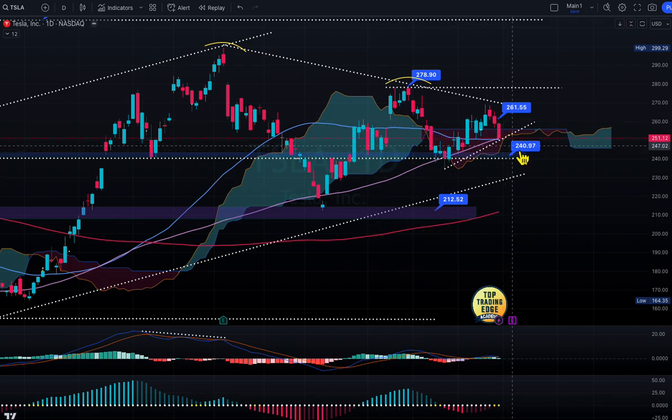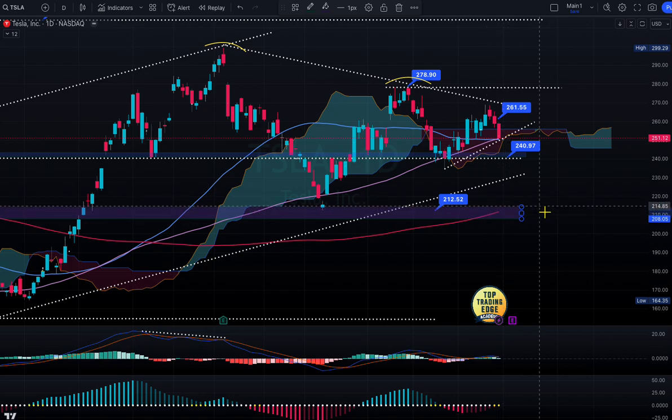So Tesla is showing me a weakness here. Be careful with the way the setup looks, right? That could be a weakness. But 240: if the 240 breaks, then we're going to go and test 212. And most likely, what I just gave you a heads up about is the 50 and 100 cross. So longer term, Tesla has a little weakness coming in. So we might go and test lower also, folks. I just want to give you a heads up.